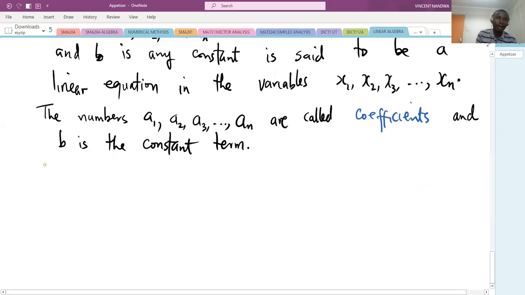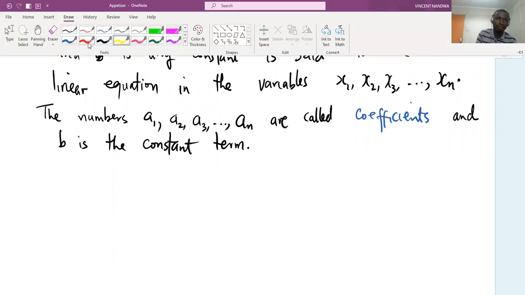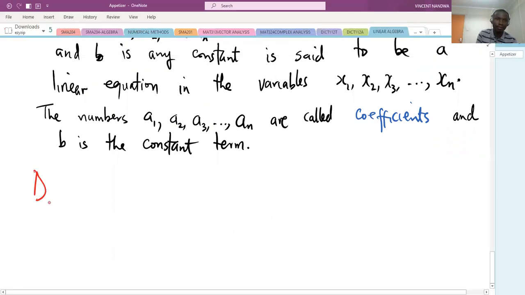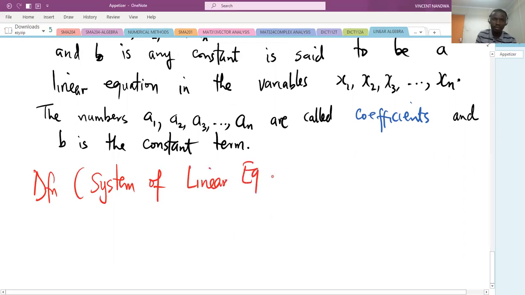And then second definition, what we mean by a system of linear equations. So definition, system of linear equations. So system of linear equations now a collection of many of the linear equations.